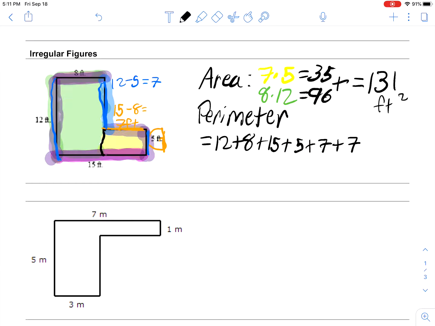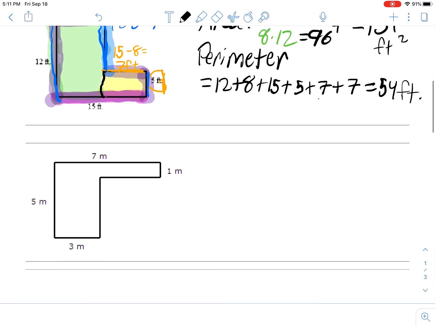Adding this up, 12 plus 8 is 20, plus 15 is 35, plus 5 is 40, 47, 54. So this is going to be 54 feet around the edge. Okay? That's how I find the area and perimeter of that irregular figure.